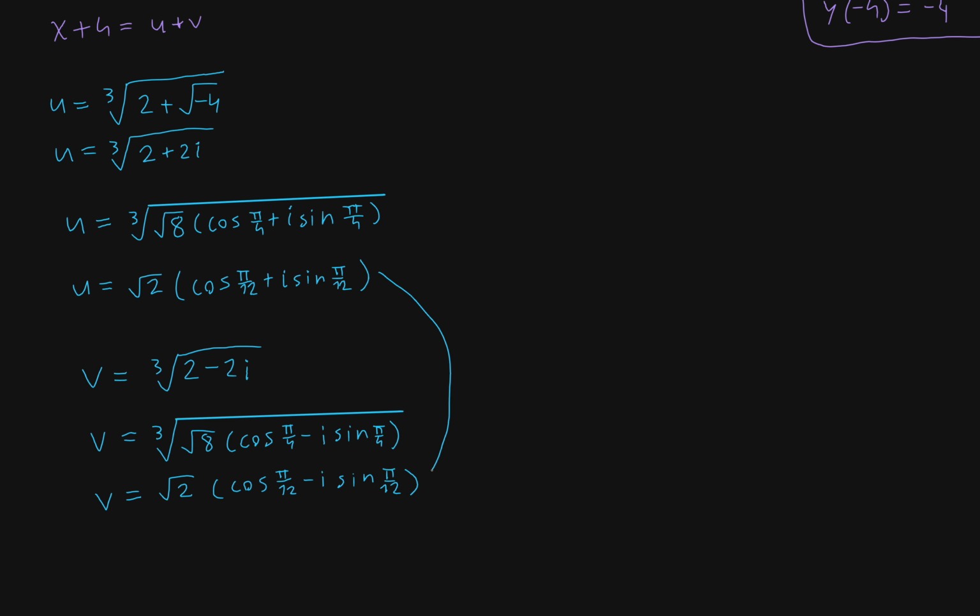So now, when we add these up, x plus 4 is going to be equal to root 2 cosine pi over 12, and then plus root 2 i sine pi over 12, and then plus root 2 cosine pi over 12 minus root 2 i sine pi over 12.